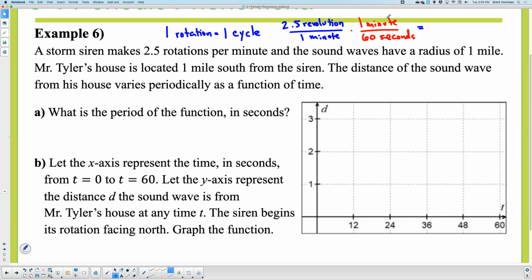Here, minutes cancels with minutes. So 2.5 revolutions per 60 seconds is the same thing as if you divide that out.